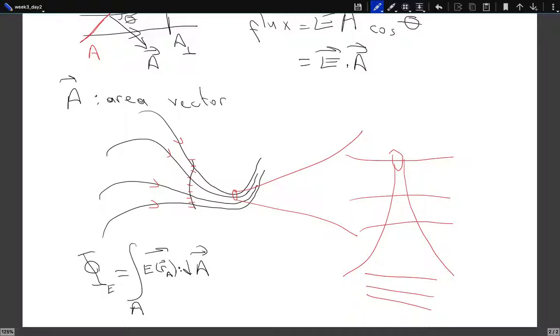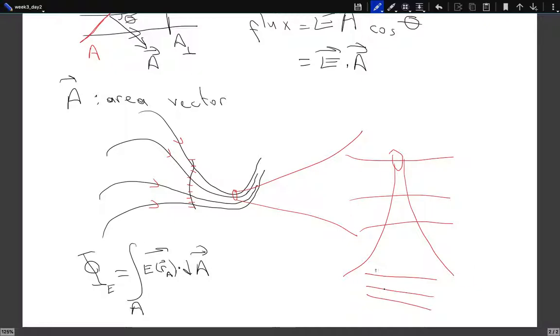The electric field is not small. You see, the electric field over here can be large. What is small is the area. So that's why E doesn't have a d. It's whatever the electric field is over there. But dA is the very small area that I defined over here.